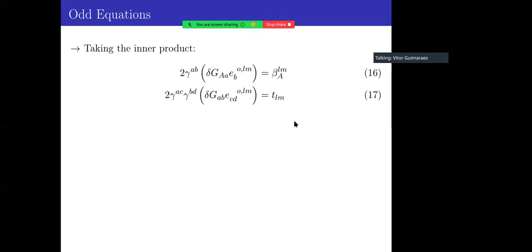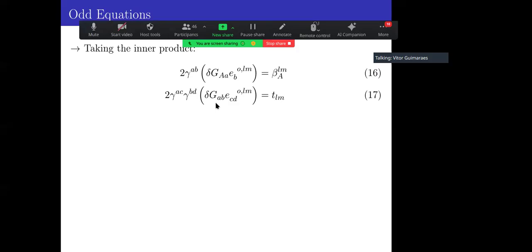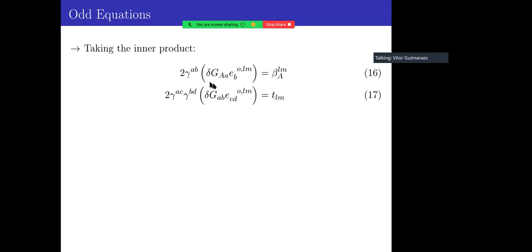We didn't need all that shenanigans of multiplying this equation by this and this other equation by that and subtracting them. We just took the inner product of the whole tensor perturbation with respect to one of the basis vectors that we wanted, to obtain the components, and we obtained them, which is exactly the same as we did.